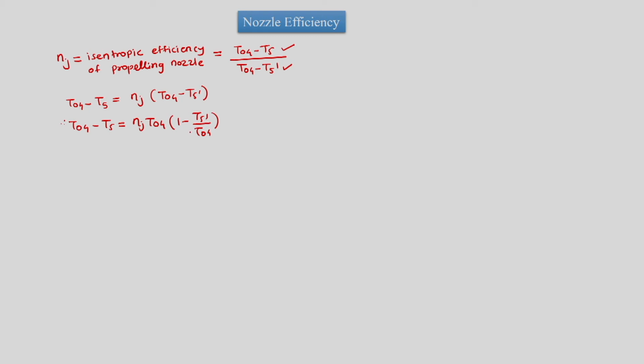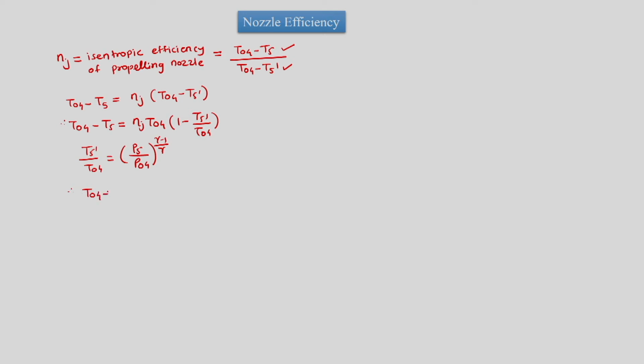Then this is an isentropic relation: T5 dash upon T04 is equal to P5 upon P04, bracket raised to gamma minus 1 upon gamma.